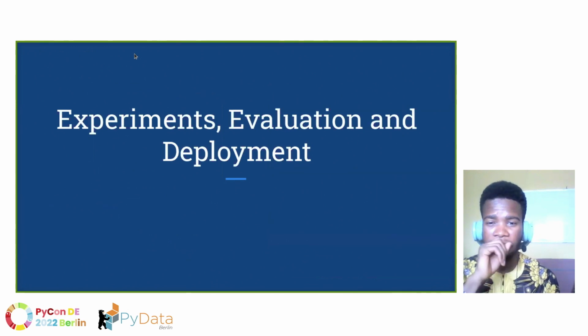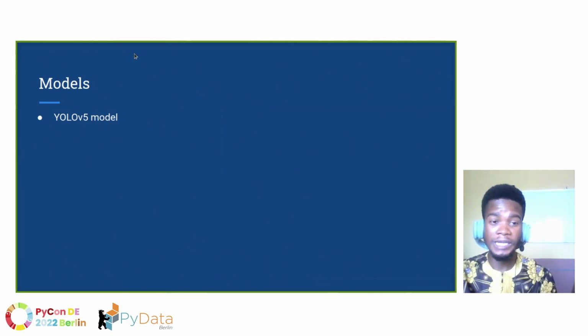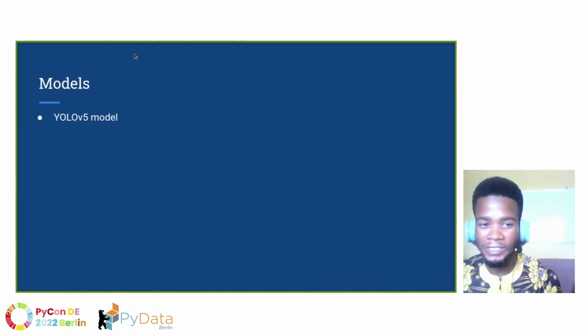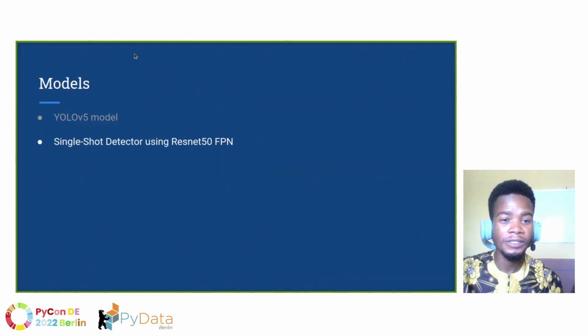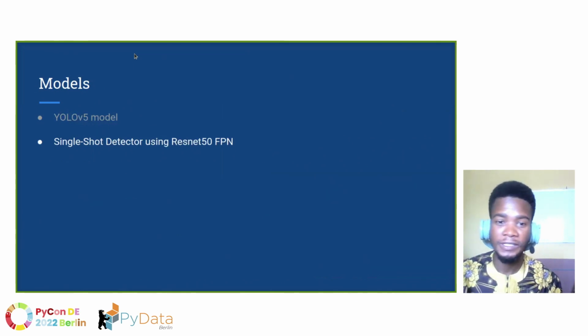For the experiments, we tried out different models. The first one we tried out was the YOLO V5 model. I don't know if anybody is familiar with the YOLO V5 model, but it's one of the state-of-the-art object detection models right now. We also tried out a single shot detector using ResNet 50 FPN.